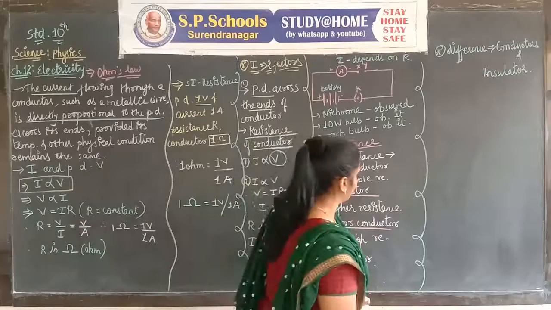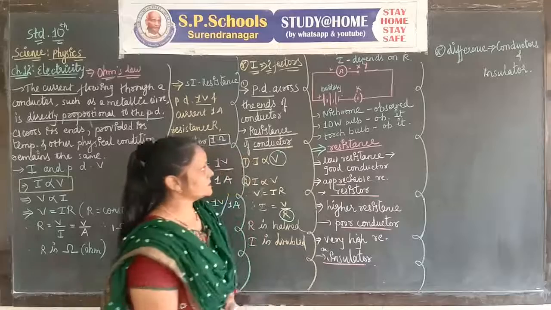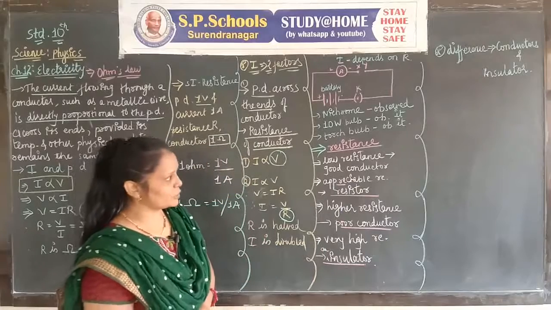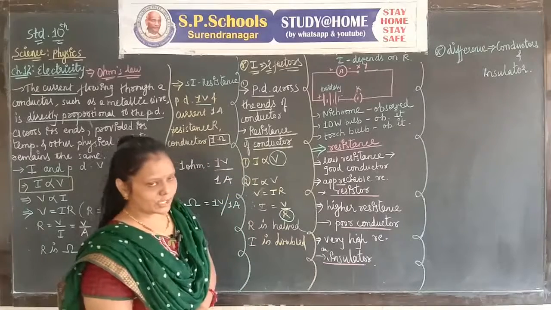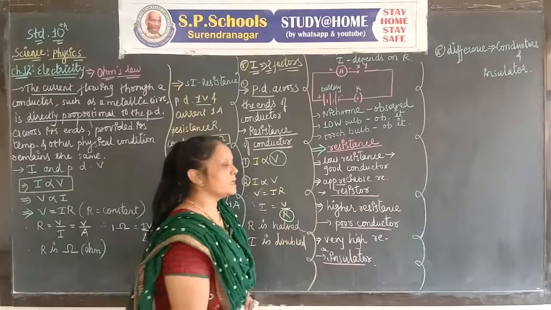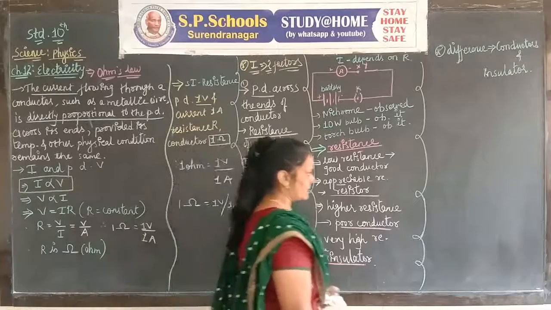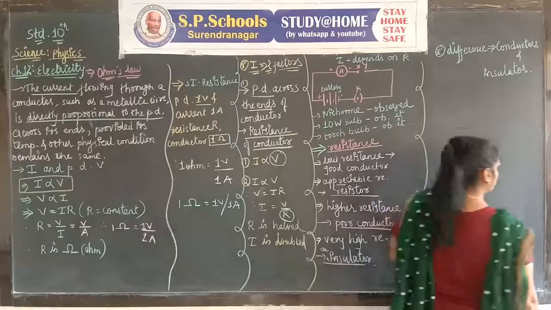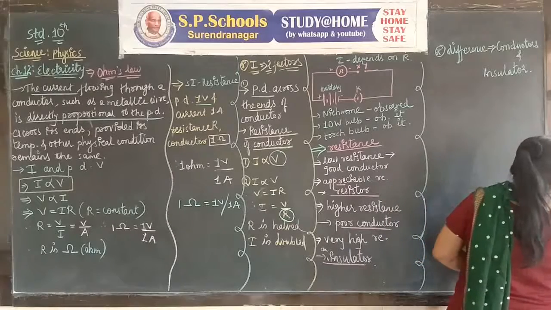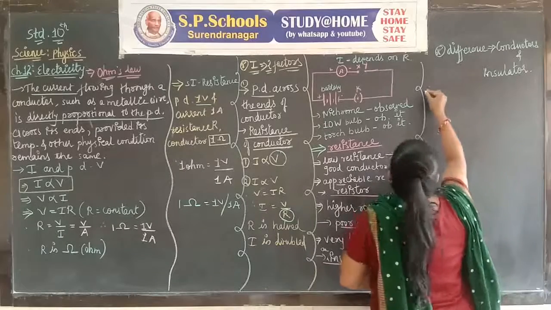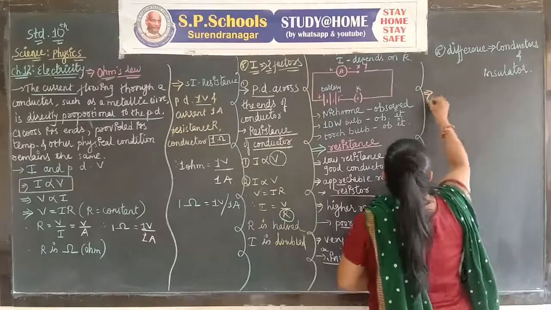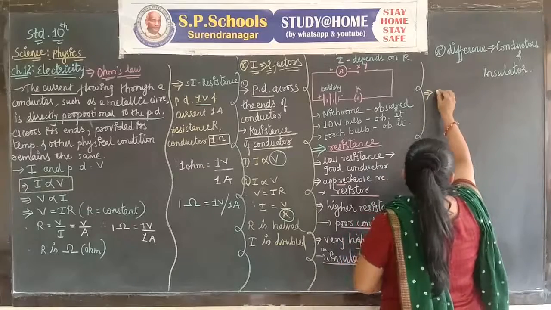A conductor is responsible for electric current because of its free electrons. Conductors have free electrons to give the electric current.